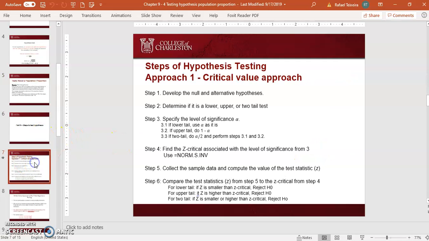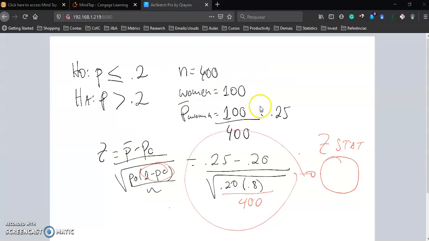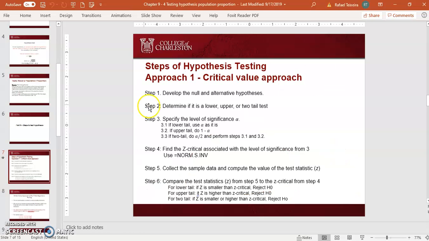The steps to solve this problem are very similar to the steps I showed you before. You have a critical value approach with the null and alternative hypothesis. Determine if it's an upper, lower, or two-tailed test. In this case, the alternative hypothesis is that it is higher, so it's an upper tail test.